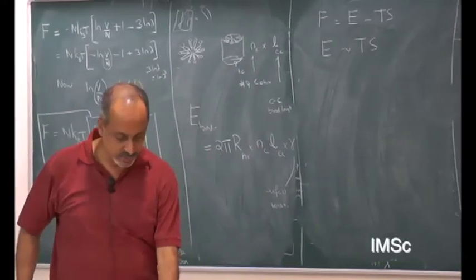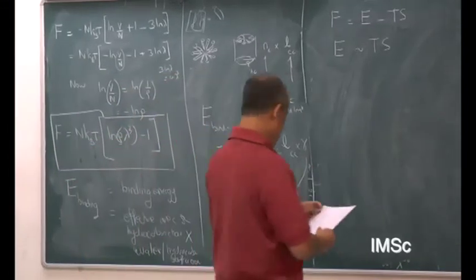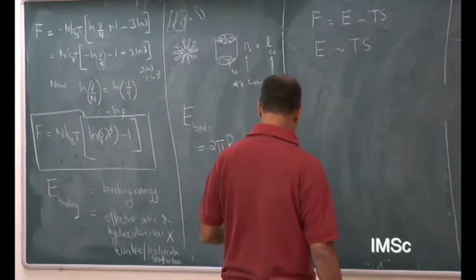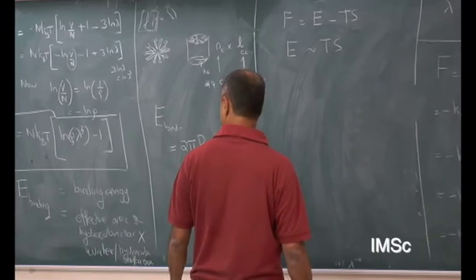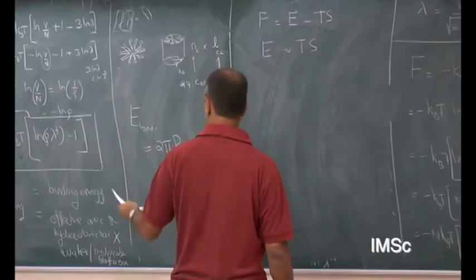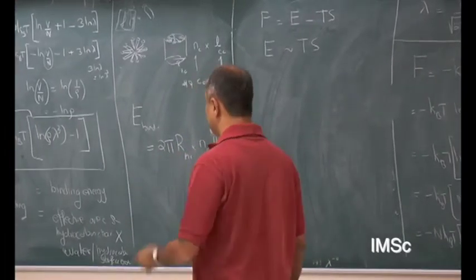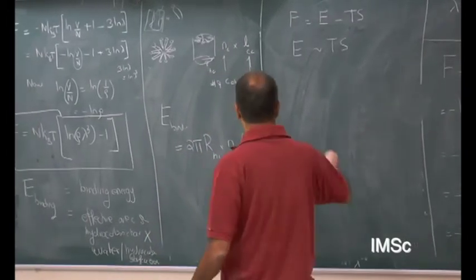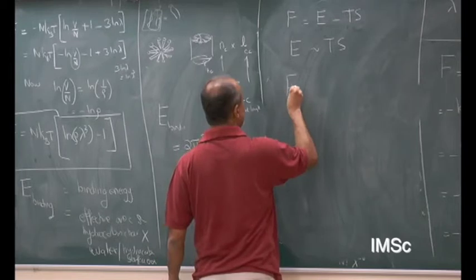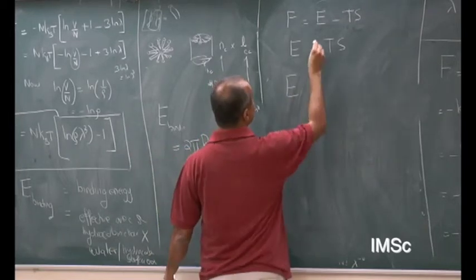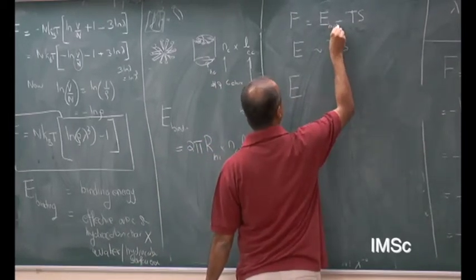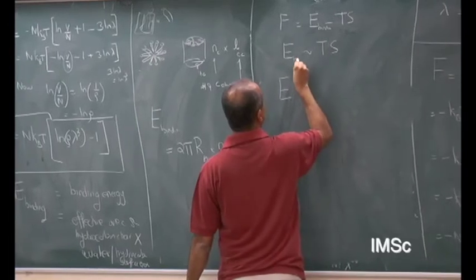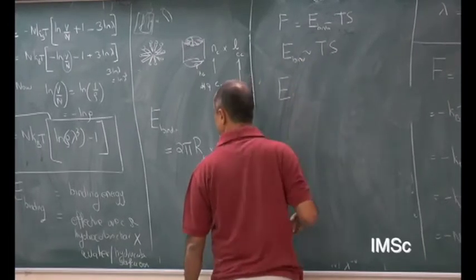So now let's begin to equate this. Okay, we have to do one more step from here. This is the free energy associated with the molecule. Now the internal energy E associated with that. So this is E bind of order Ts is what we have to calculate.